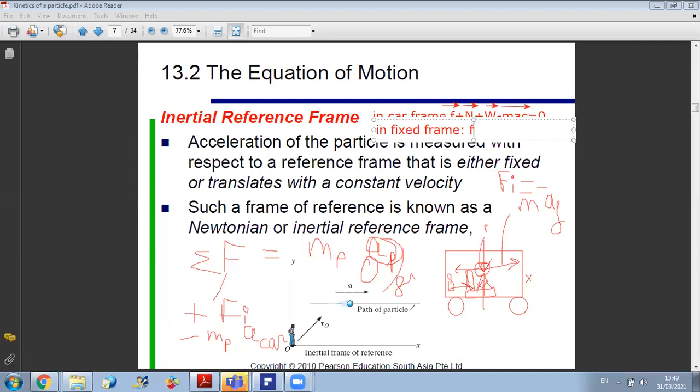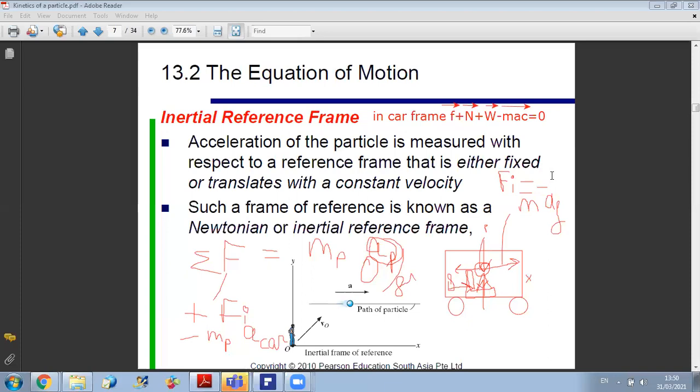So I will have F plus N plus weight equals the mass of the person times, now I should multiply by which acceleration? By the acceleration of the person. So it's m times the acceleration of the person. But since the person is fixed to the car, the acceleration of the person and the acceleration of the car is the same. So it is m times the acceleration of the car.